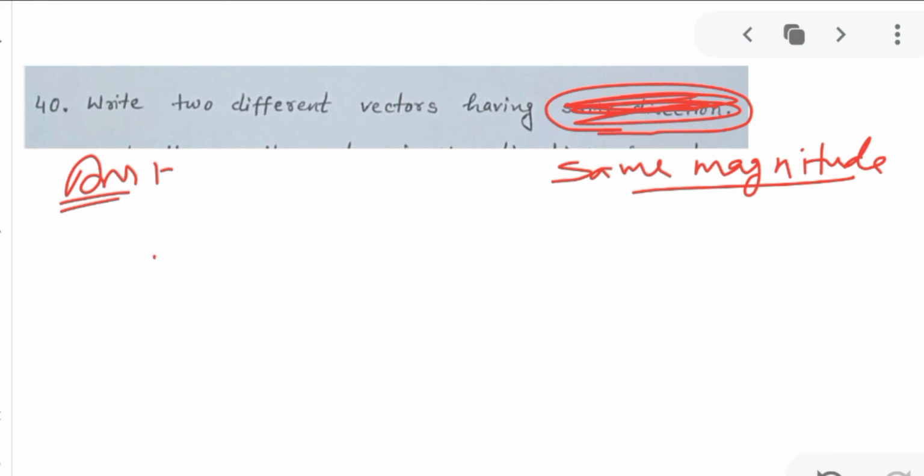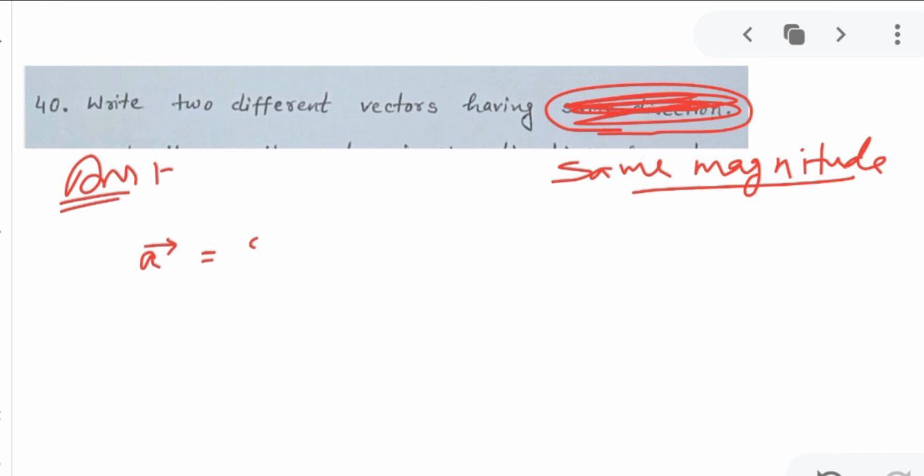So we can say, vector A is 2i plus j plus k. Or you can give a simple example also. I will tell you two or three examples.